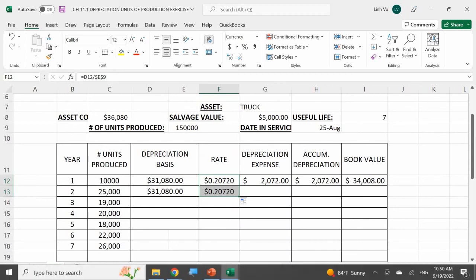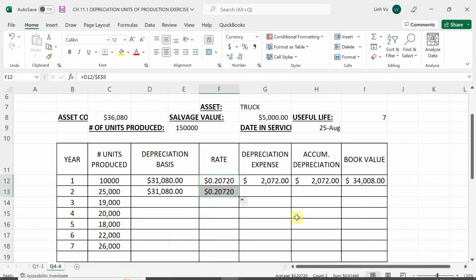So in this case, for my second year, I drove 25,000 miles. So how much is my depreciation expense?